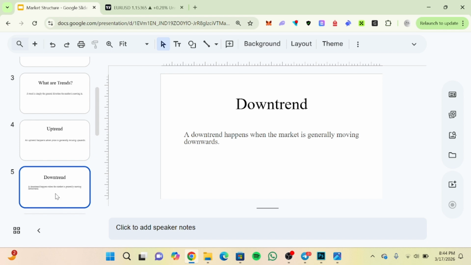Now, we move to the second type of trend, the downtrend. And what's a downtrend? A downtrend happens when the market is generally moving downwards. So it is the complete opposite of an uptrend. And this usually looks like lower highs and lower lows, meaning price keeps pushing lower over time.